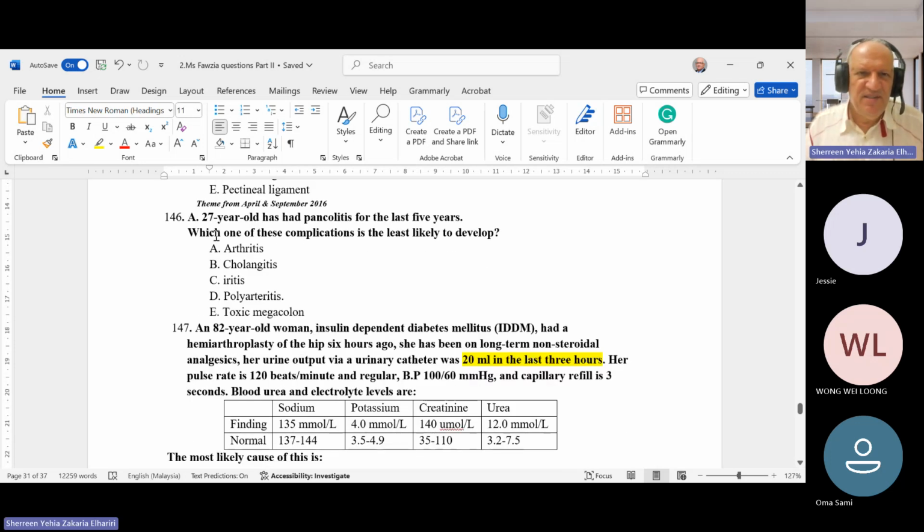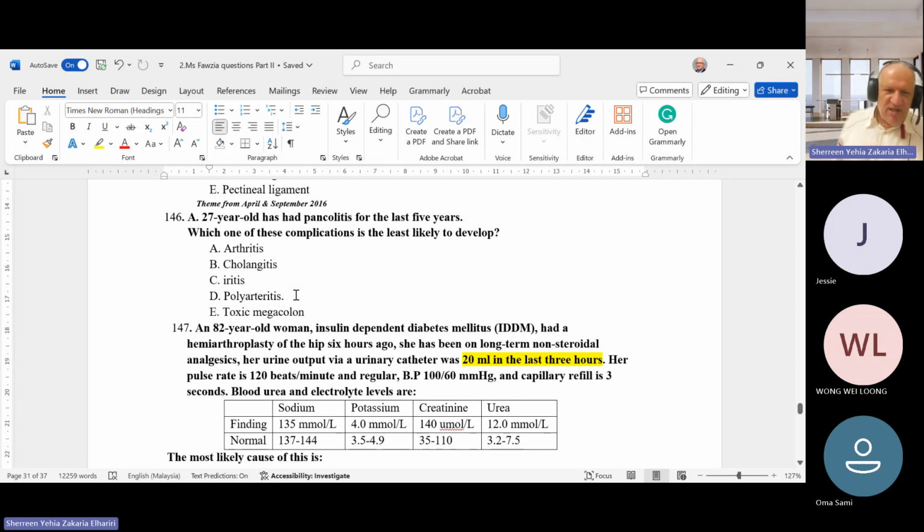Again, a 27 years old has pancolitis. Pancolitis means ulcerative colitis affecting the whole colon for the last 5 years. Which of these complications is least likely to develop? Of course, ulcerative colitis can cause toxic megacolon, can cause ankylosing spondylitis or arthritis, can cause sclerosing cholangitis, can affect the eye, but not cause polyarteritis, because polyarteritis is a collagen disease.